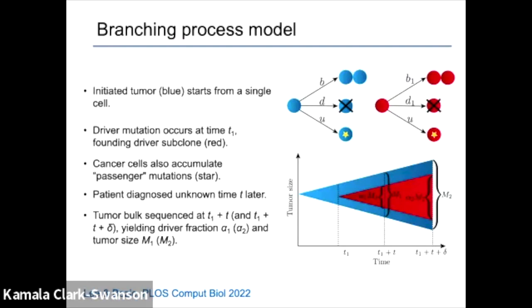We assume that the patient is diagnosed sometime T later, and that the tumor is bulk sequenced at 2 time points at or after diagnosis. This is what we will need for our input in trying to understand the parameters of this process.